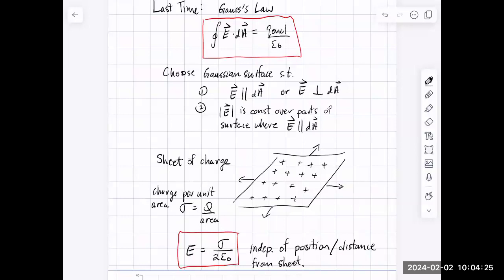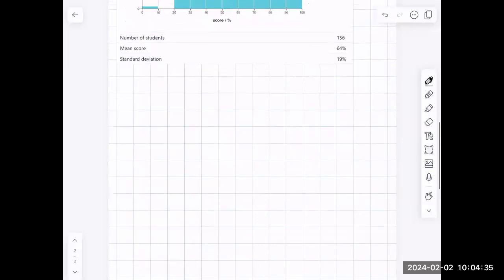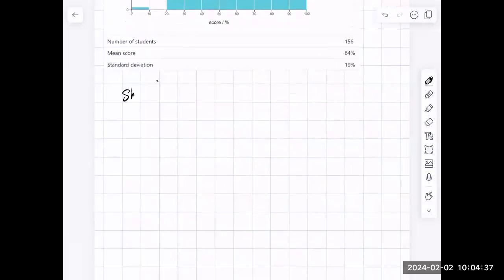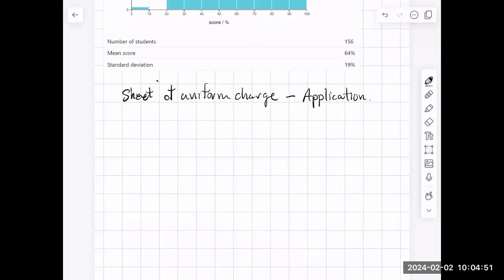Okay. So the first thing I want to do is an application of this sheet of uniform charge. What we're gonna do is take two sheets of charge and place them parallel to one another, one above the other.